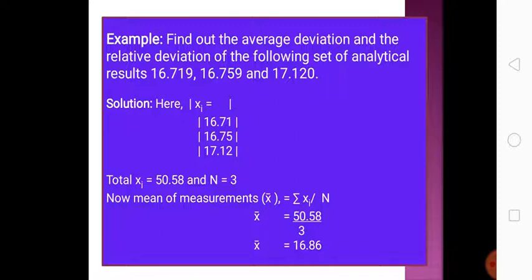So we apply the above mentioned formula and we can calculate the sum of xi as 50.58, and the number n is 3. Now applying the mean of measurements, we can calculate the value of x bar as 16.86.